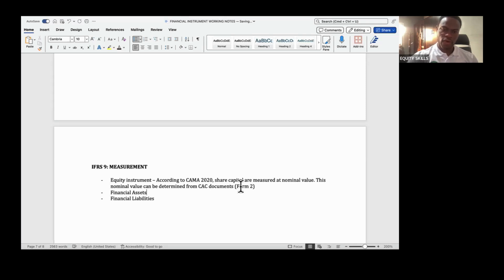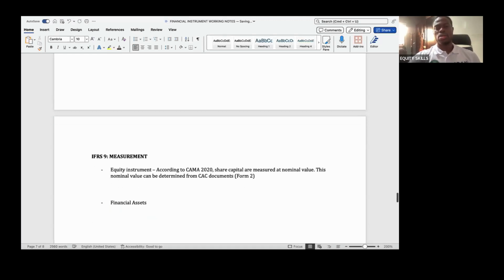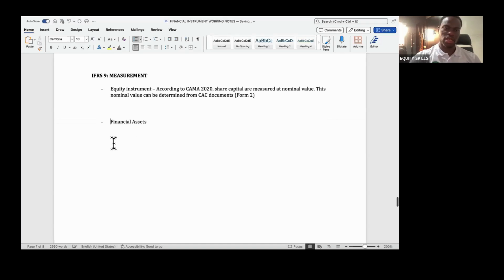However, for financial assets, let me start with financial assets, then I can come back to financial liabilities later. Again, for financial assets, don't forget that there are three also.